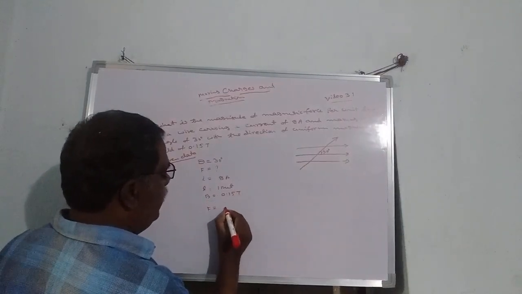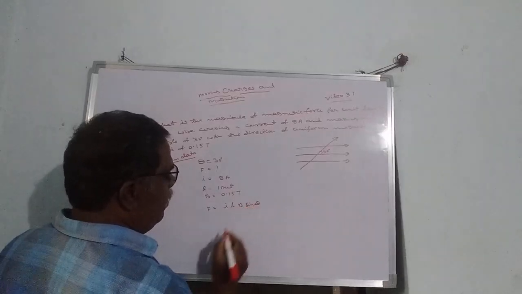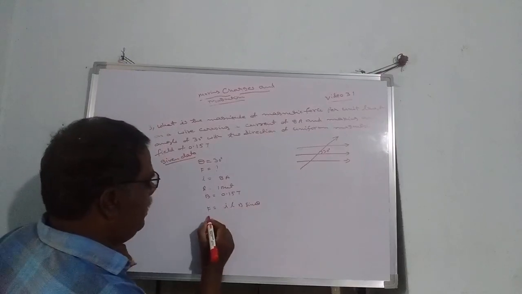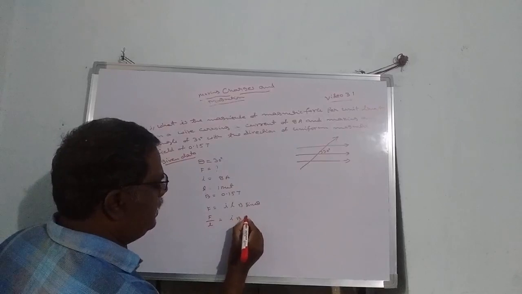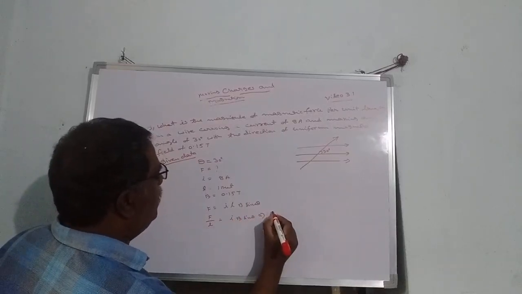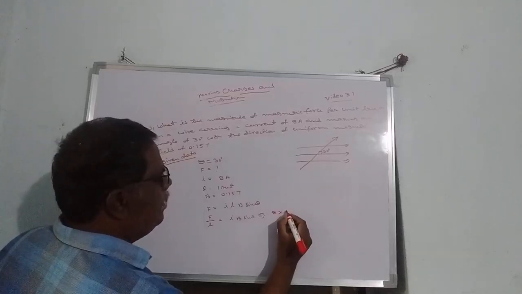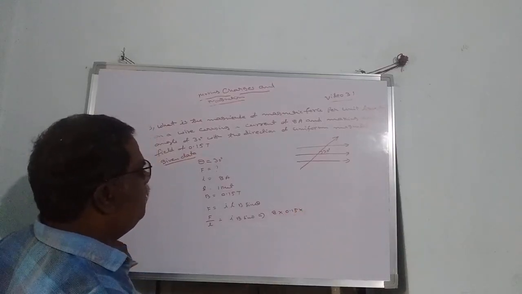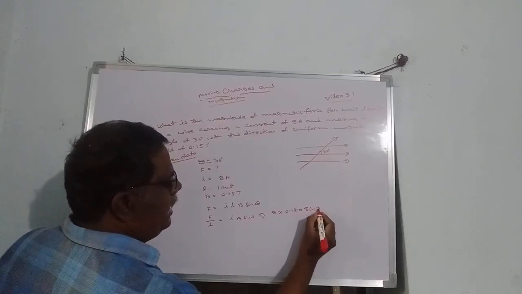So F is equal to ILB sin theta. Force per unit length: taking L to the left side, F by L is equal to IB sin theta. I value is 8 amps, B value is 0.15, sin theta is sin 30 degrees.